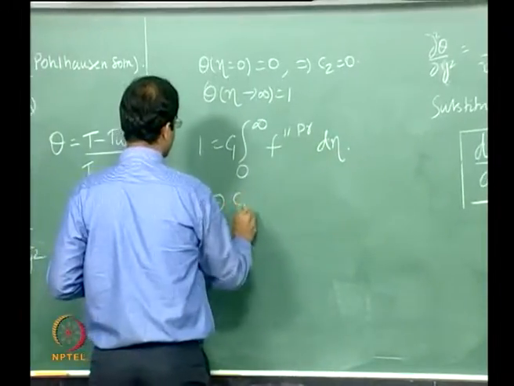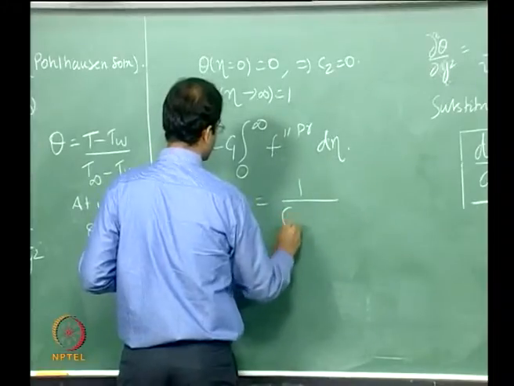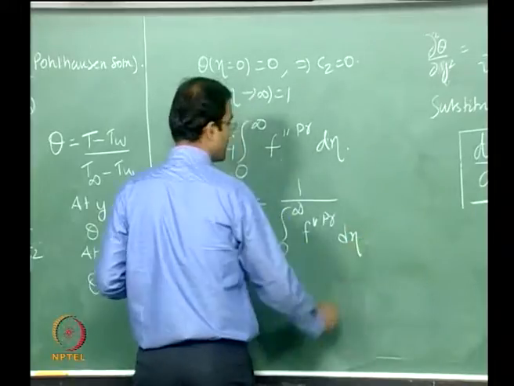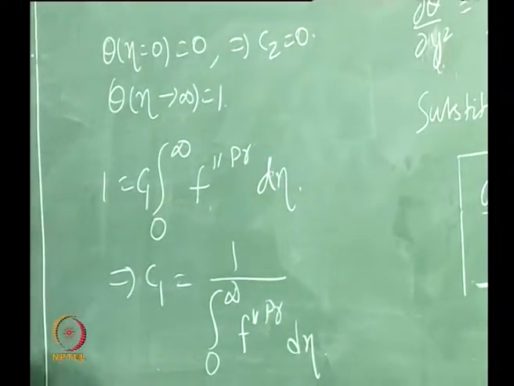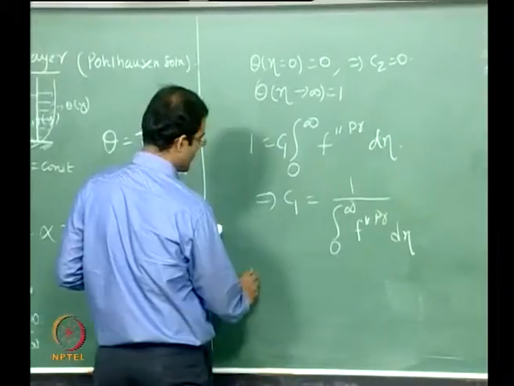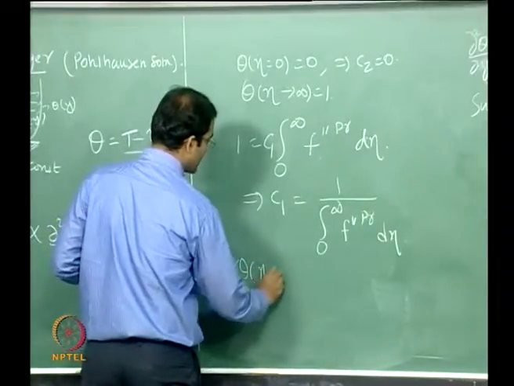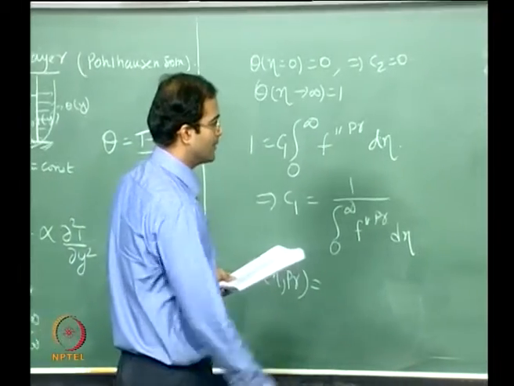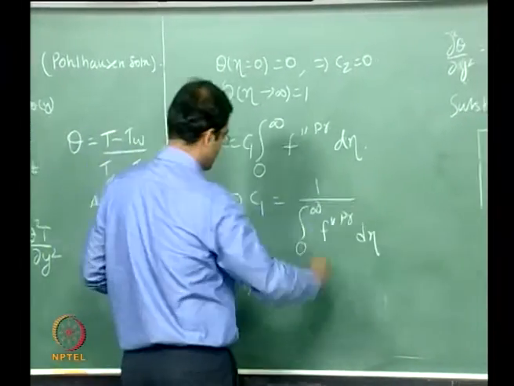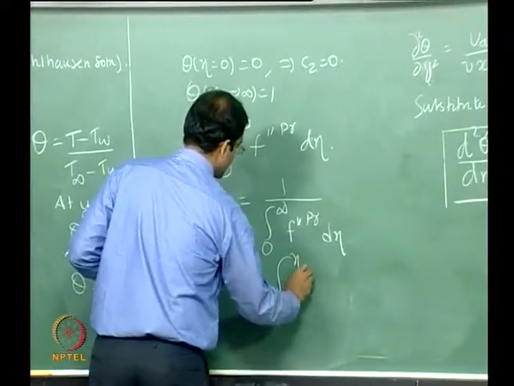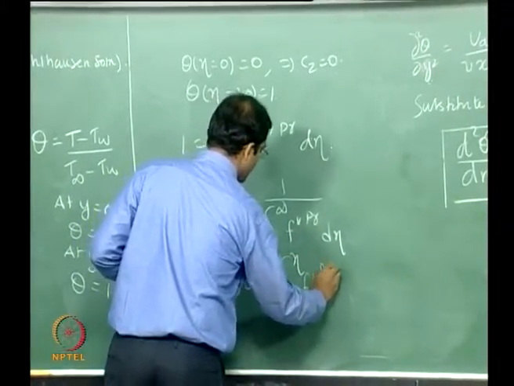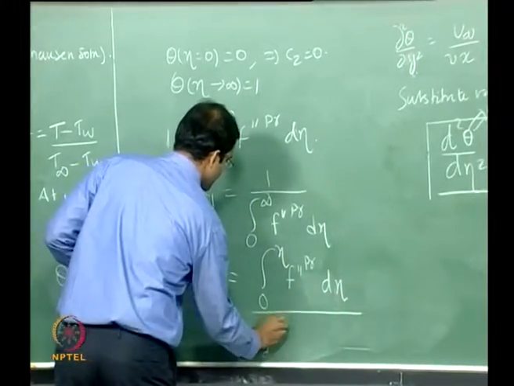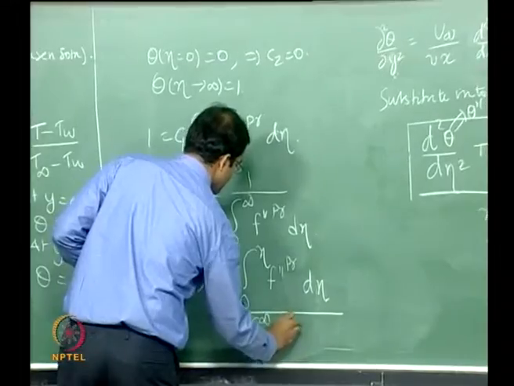Therefore your c1 is nothing but 1 by the integral from 0 to infinity of f double prime to the power Pr. So this gives my final expression for theta as a function of eta and Pr. That is c1 which I have calculated now. So in the numerator I have the integral from 0 to eta of f double prime to the power Pr d eta, divided by the integral from 0 to infinity of f double prime to the power Pr d eta.